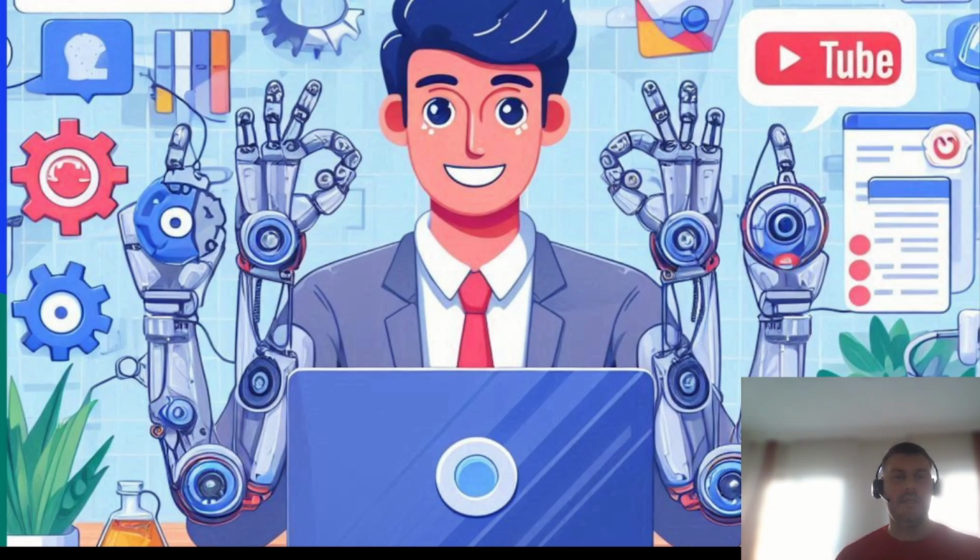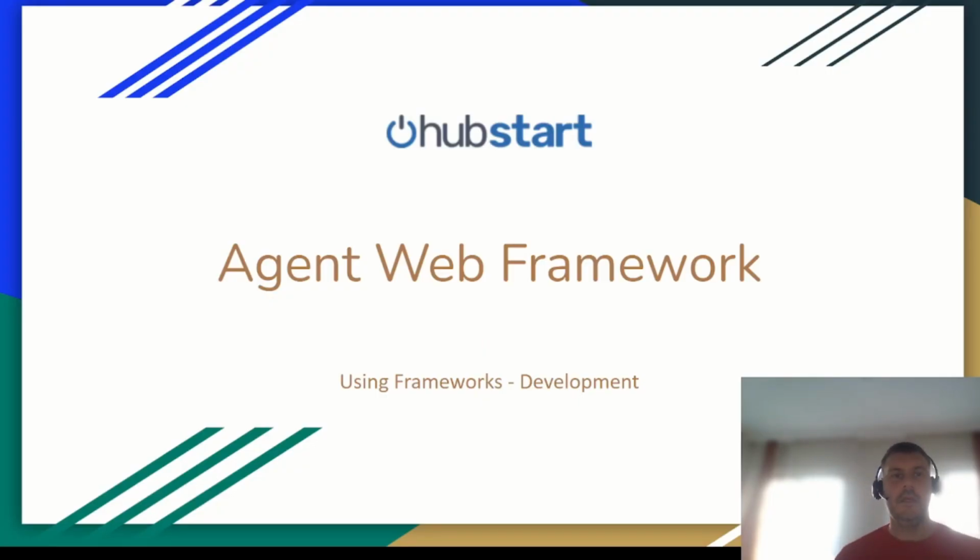So in this video, I'm going through the agent web framework. This is something that has taken a lot of consideration, a lot of thought. The reason why is that RPA has been around.